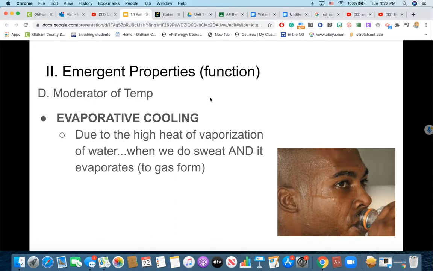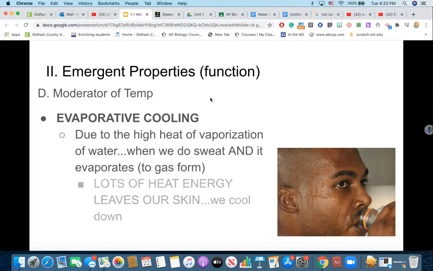So when we do sweat, and it does evaporate, it changes form. We know that that has happened because the hydrogen bonds have absorbed so much energy and then release that energy as it transitions from a liquid to a gas form, from liquid sweat to its vapor, and takes that heat energy with it away from the surface.